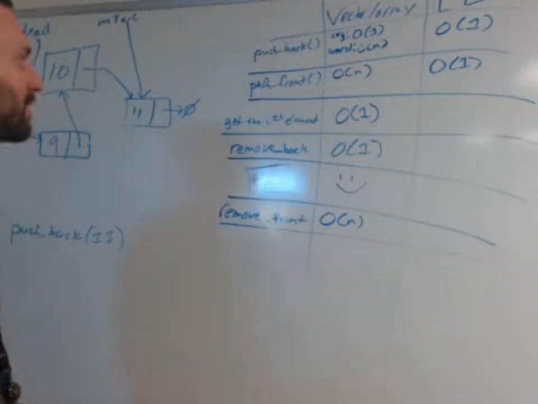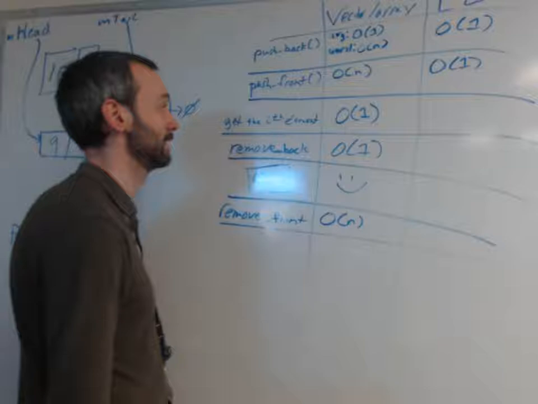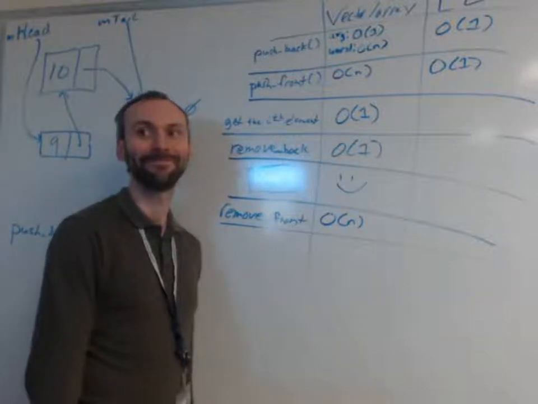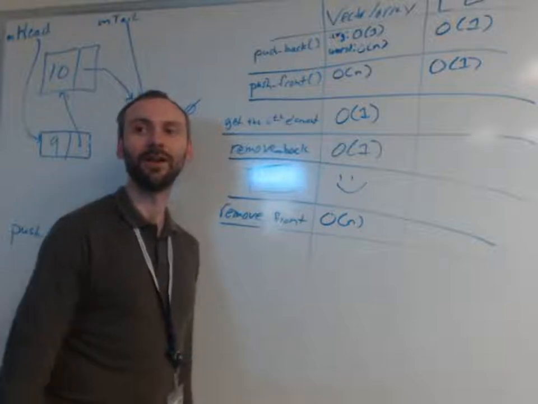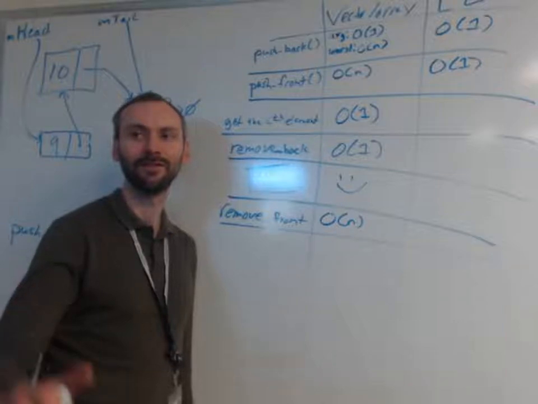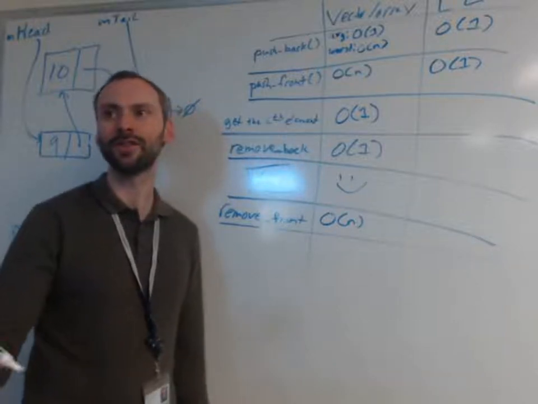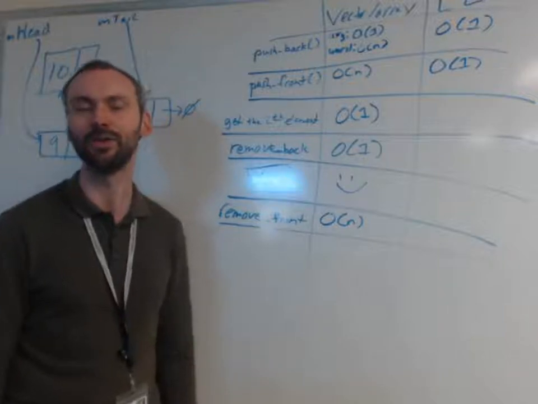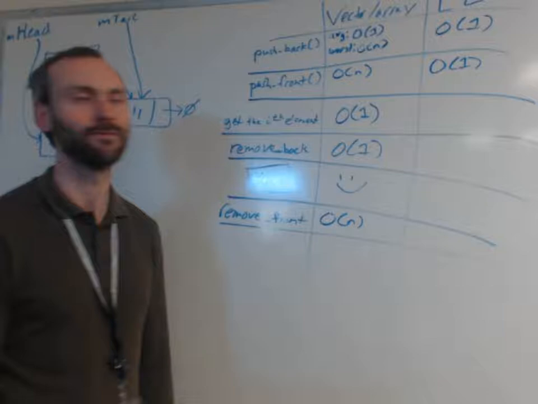All right, what's the cost of getting the ith variable in a linked list? O of... remember, n is the number of elements. Let's say on average it has to go halfway through the list, n divided by 2, which is still O of n.